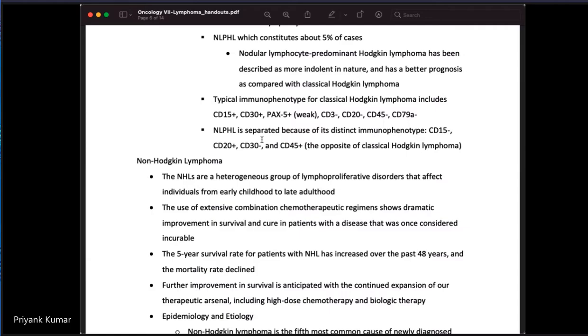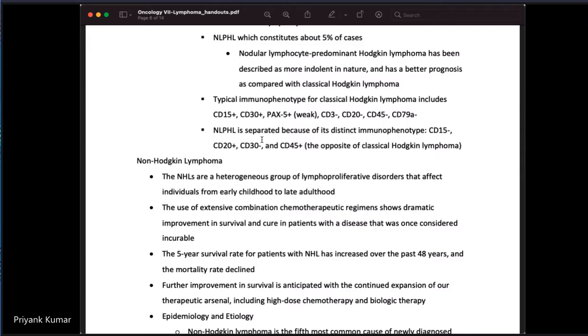Now, nodular lymphocyte predominant Hodgkin lymphoma, or NLPHL, the immunophenotypes are the reverse of those of classical Hodgkin lymphoma. In classical Hodgkin lymphoma, CD15 plus was there. In NLPHL, CD15 minus is there.